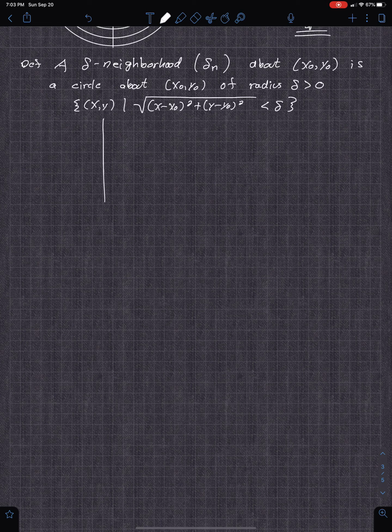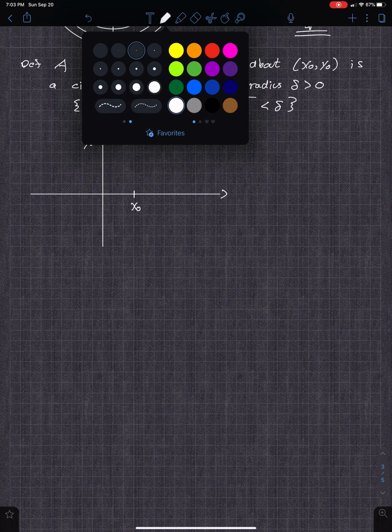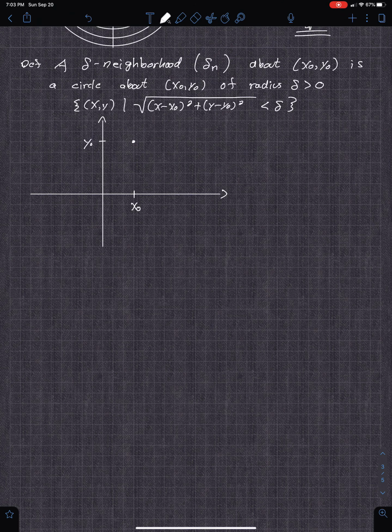So you've got to picture what that's referring to, which is this tiny circle. It doesn't matter the size, really, but that's essentially what you're thinking. So here's your x naught, y naught. What you get are these circles, and you're not including the end, right? They're open.